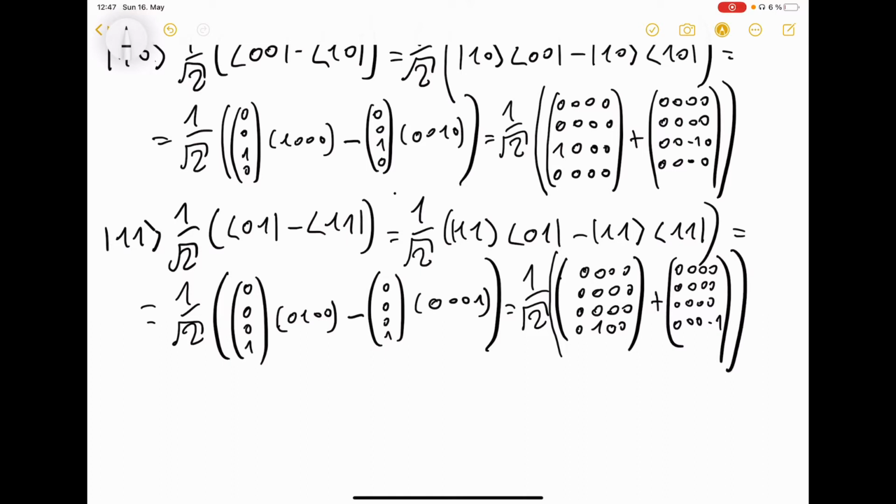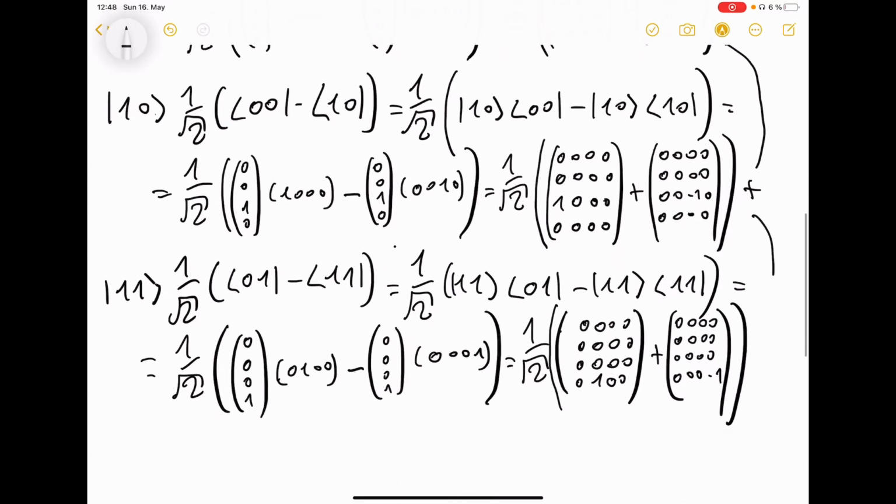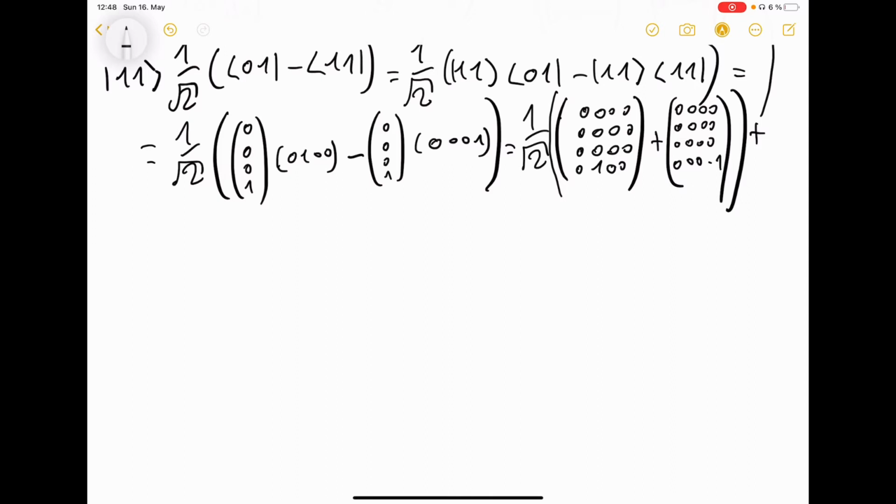Okay, so now we did that. The last thing that we need to do, if we look at these four now, is we have to add these up, giving us the final transformation M.